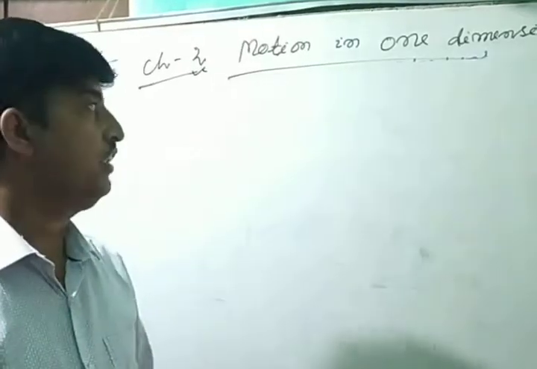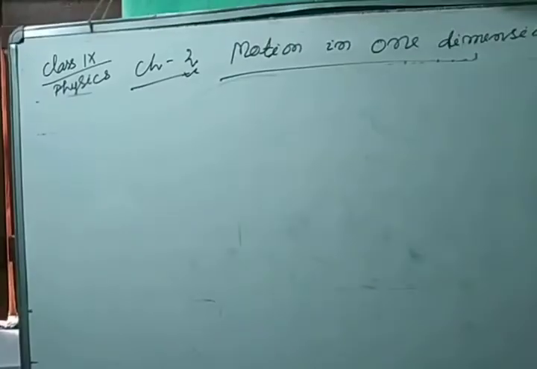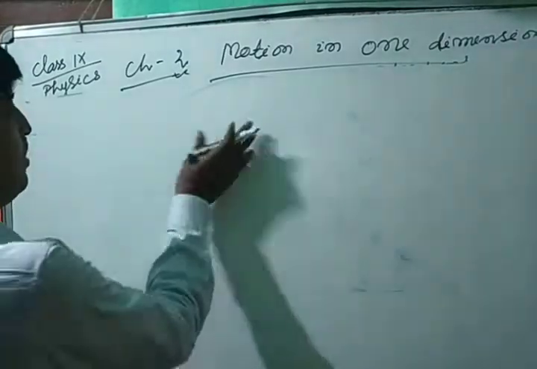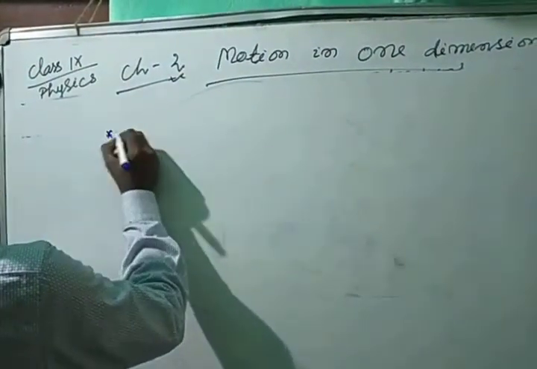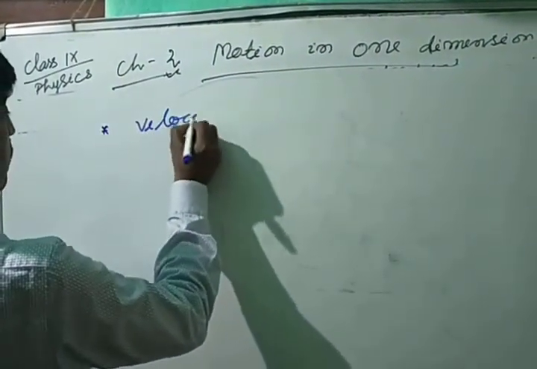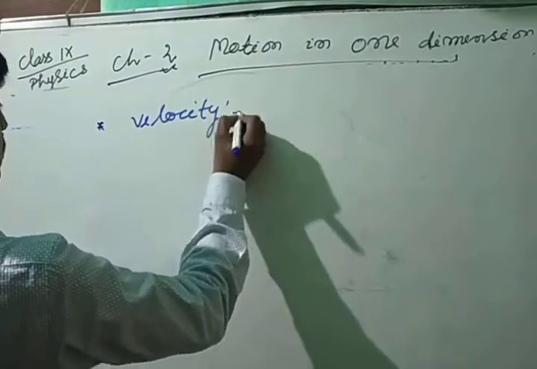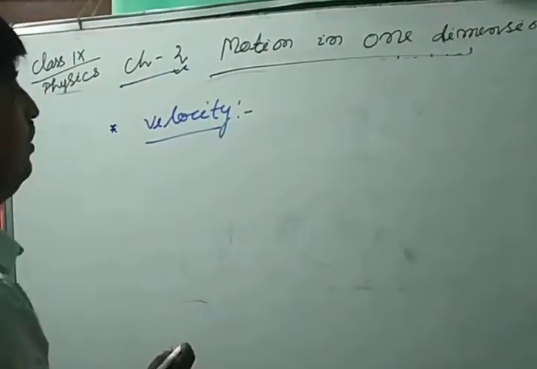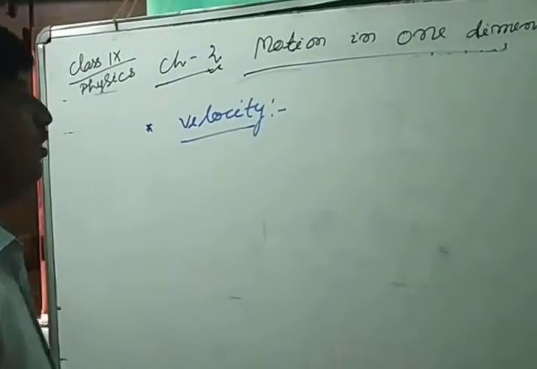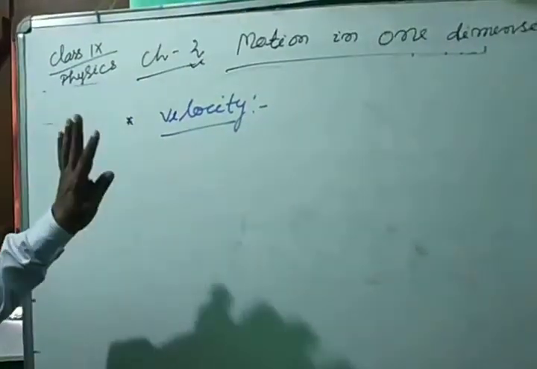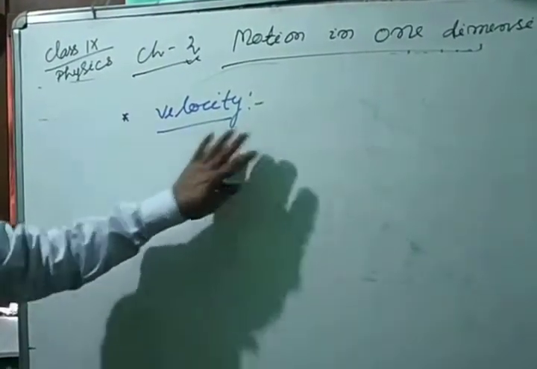Hello student, let us start this next topic of motion in one dimension, that is velocity. What is velocity? In speed, what is the definition of speed? Distance traveled per unit time is called speed.